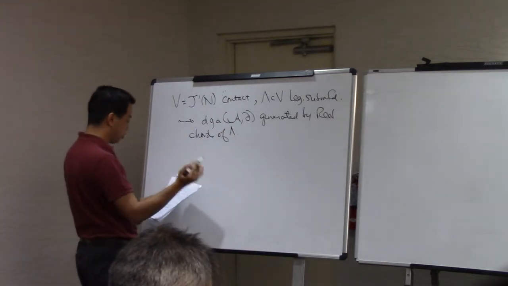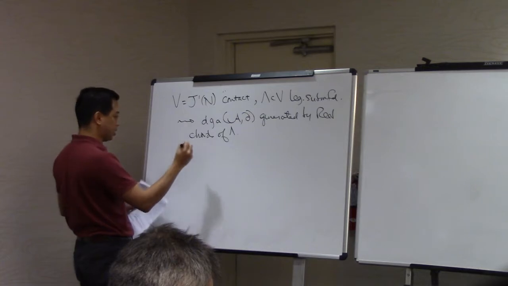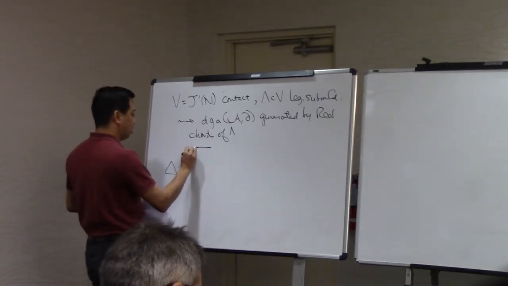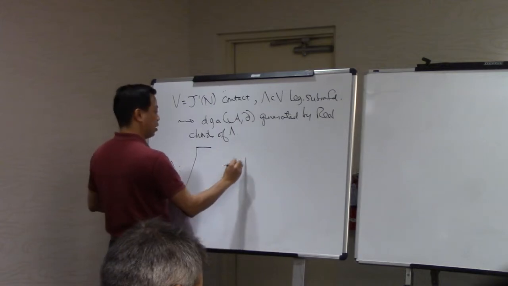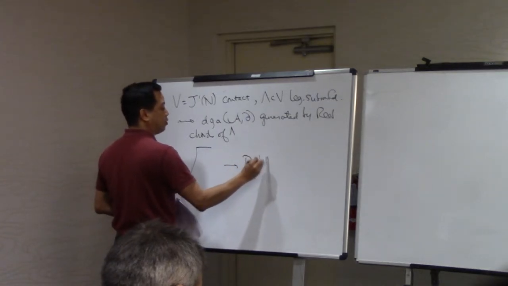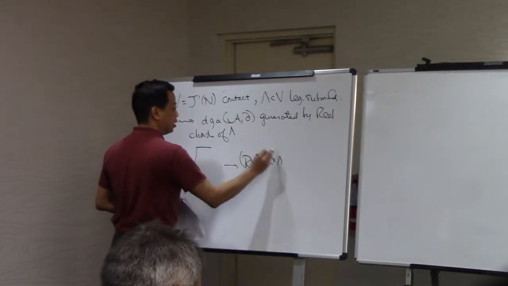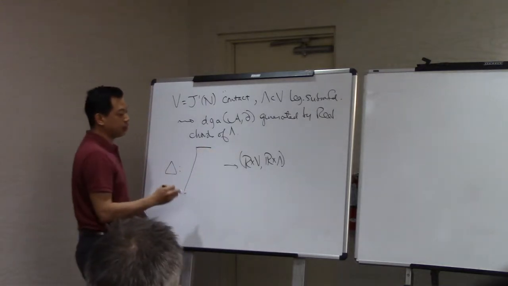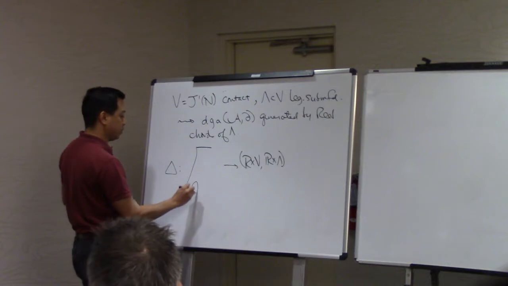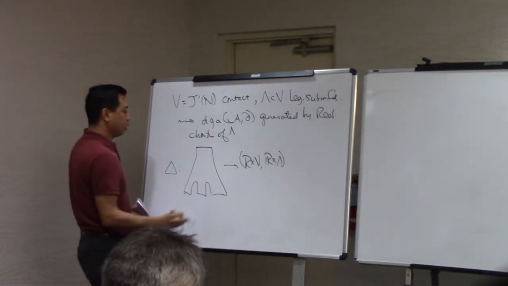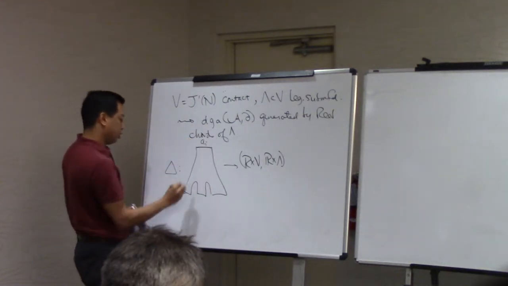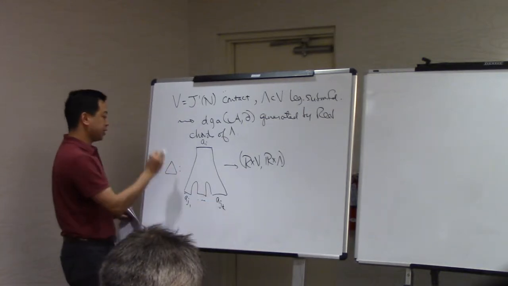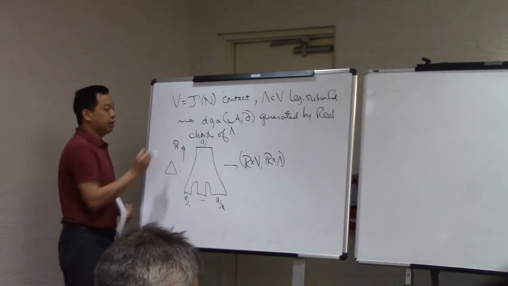And the differential, remember, counts holomorphic disks. So there are holomorphic disks into the symplectization R cross V with boundary, actually all, on the Lagrangian cylinder over lambda, and the image looks something like this. This is the R direction here.